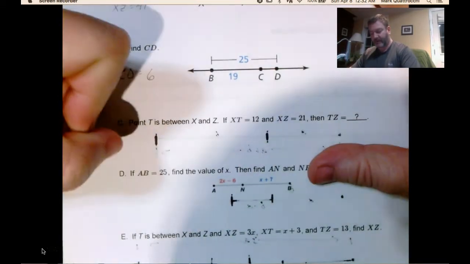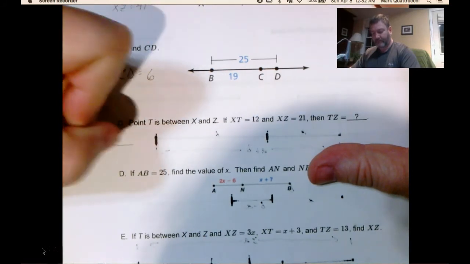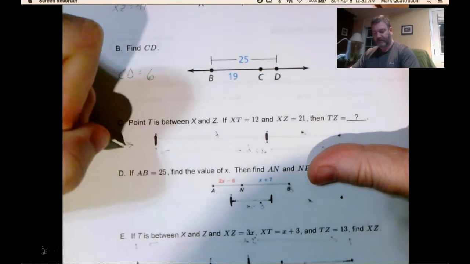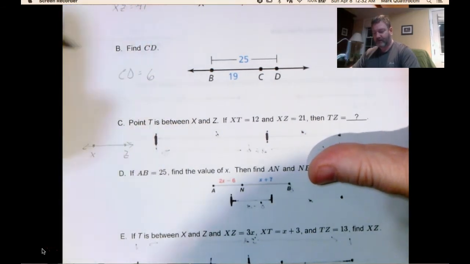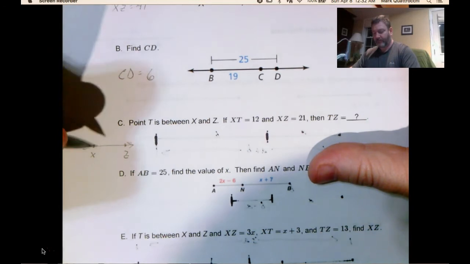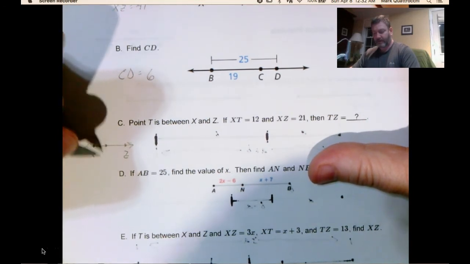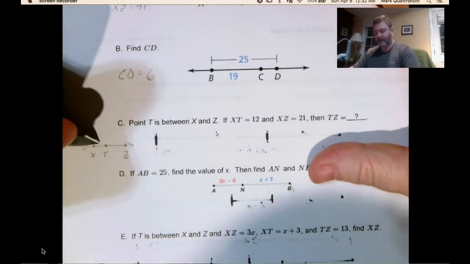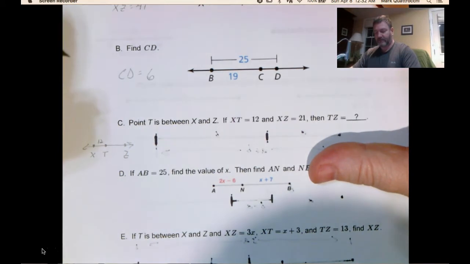So we're off to the side here. Do a quick sketch. Here's X. Here's Z. I'm going to make T in between X and Z. XT is 12.